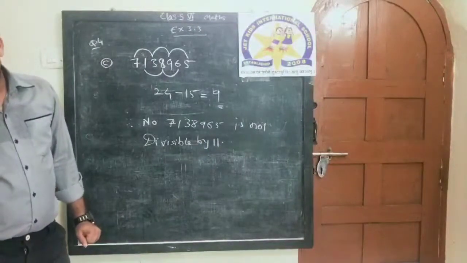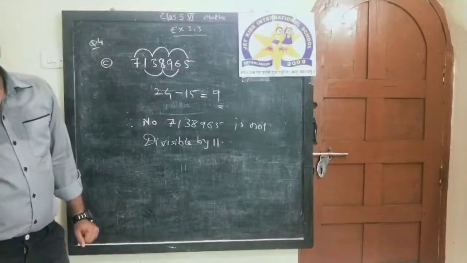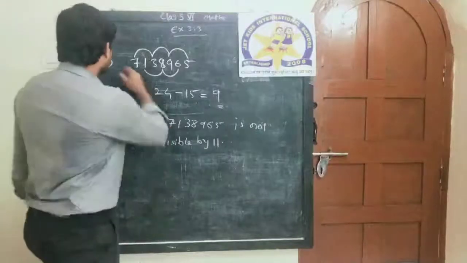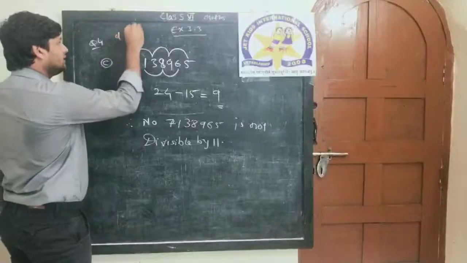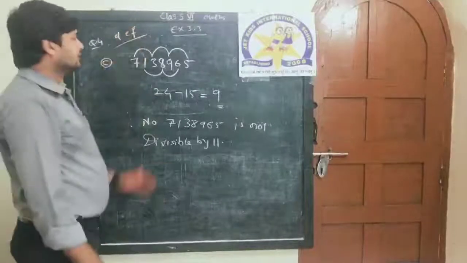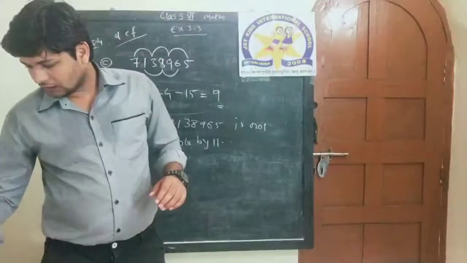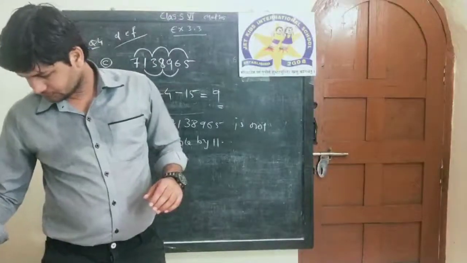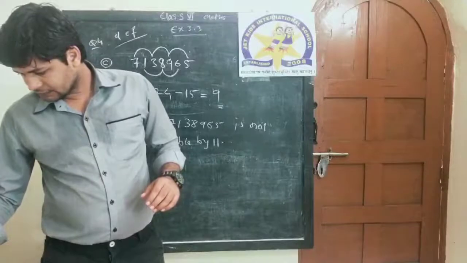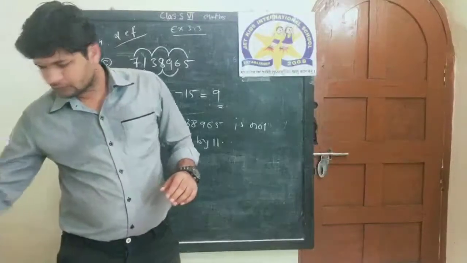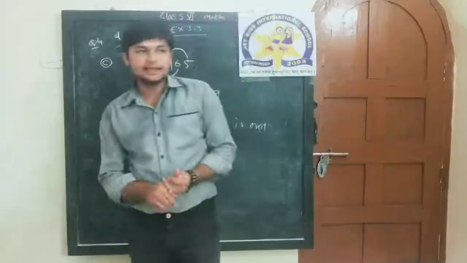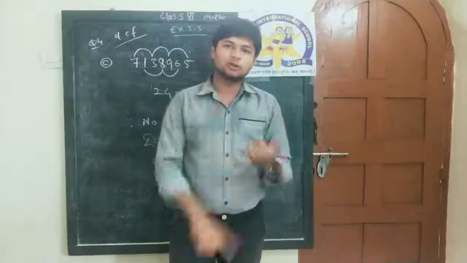Okay. Now D, E and F of question number 4 will be homework to all of you, and we are done with question number 4. In the next video, we will complete our exercise and we will see common factors and common multiples.